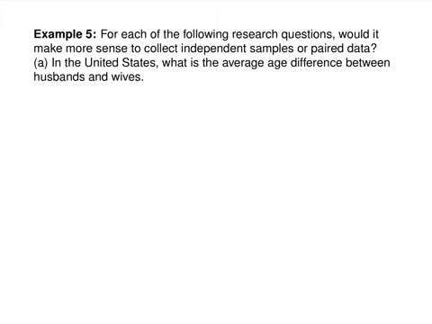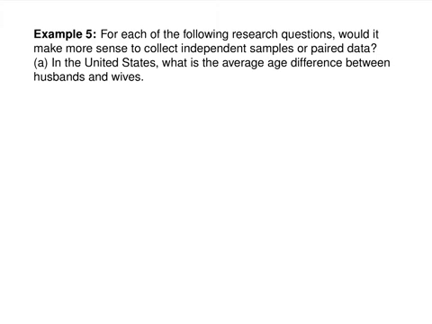Okay, great. So that paired data is definitely a little bit hard to reason through. Tell me if this would be independent samples or paired data. Population mean of paired differences, or the difference in two population means? In this one, what is the average age difference between husbands and wives?